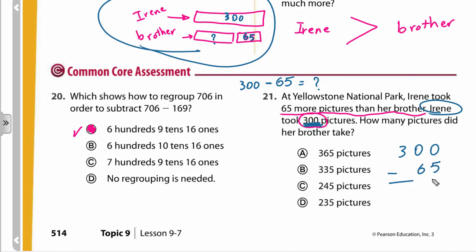And now, go ahead, 300 minus 65. Okay. 0 minus 5, can you write it? It's written. Can you see it? 0 can't be. So we take 1 from the 0, but we can't take it from the 0.